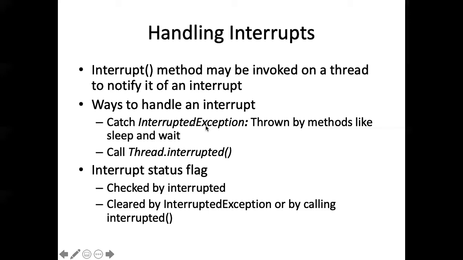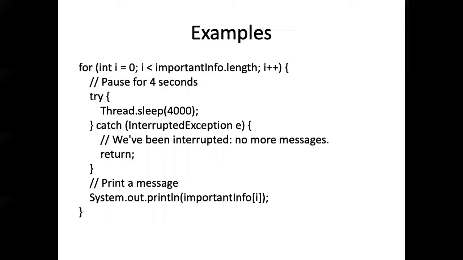The other thing that you can do is call the thread.interrupted function, and it will set a status flag that can be checked by the interrupted thread, and when it checks it, that flag will be cleared. So it's easier to show an example of each.